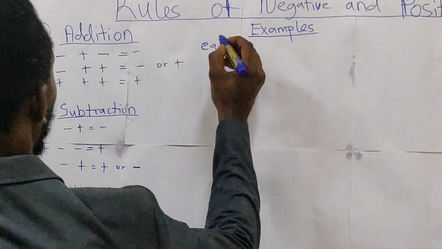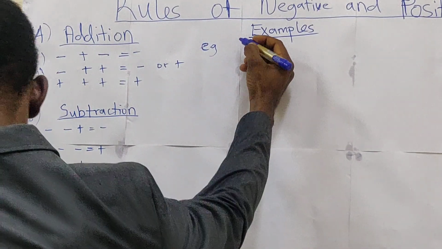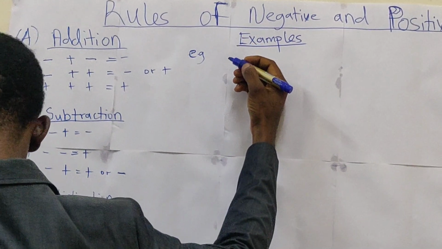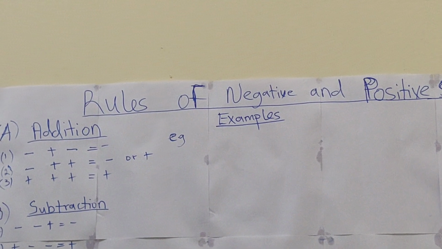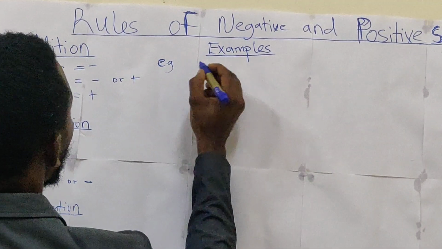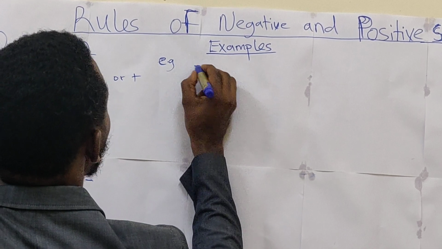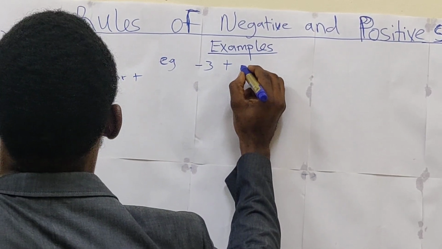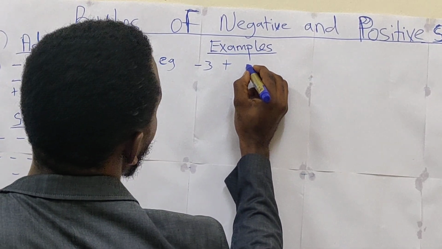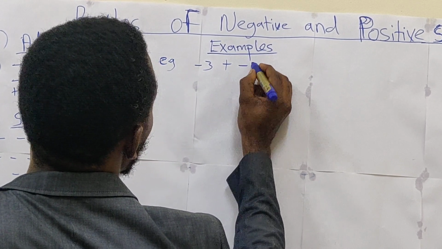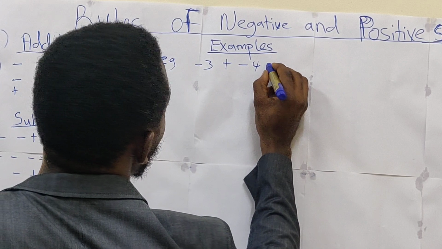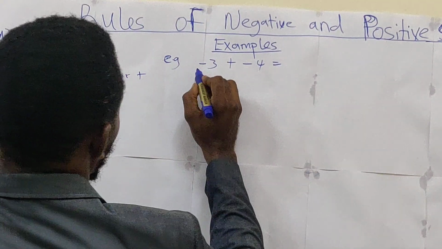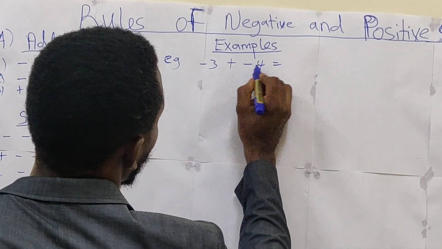Let's say we have negative 3 plus negative 4.